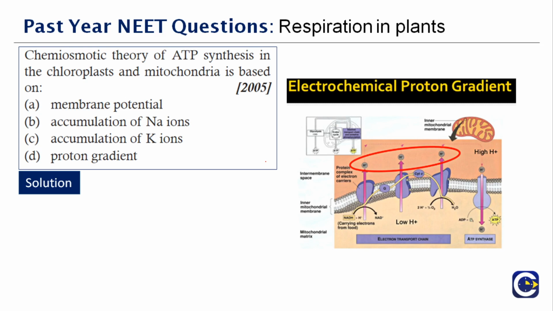We already discussed it in the earlier question, right? In the beginning. So here you have the electrochemical proton gradient, and I've just given you a picture to represent that. Apart from that, what else you can say about this proton gradient? The proton gradient, or you can call it the electrochemical gradient, will consist of two parts.